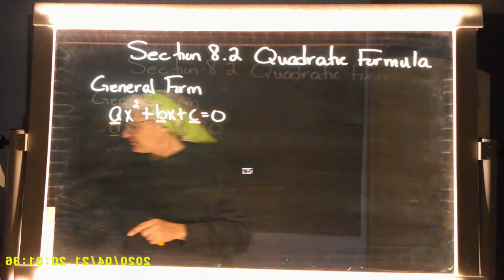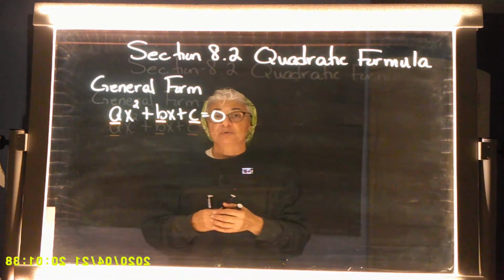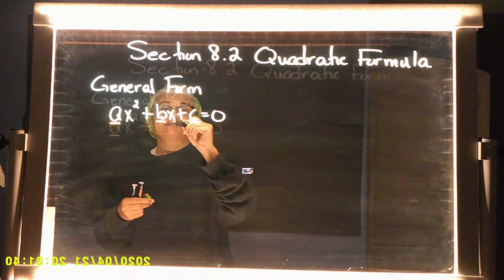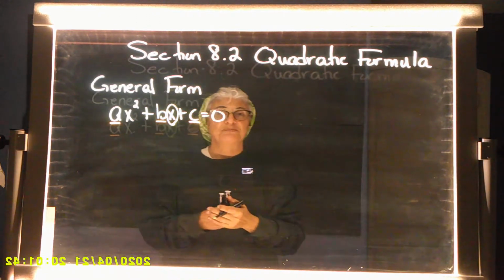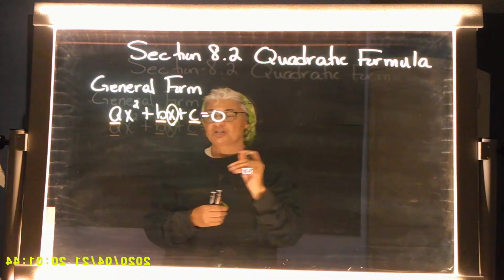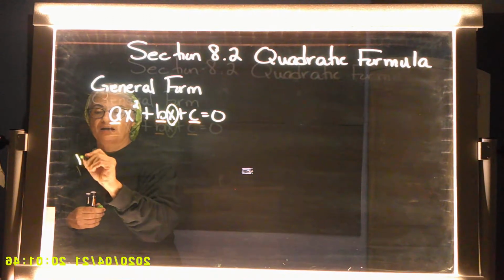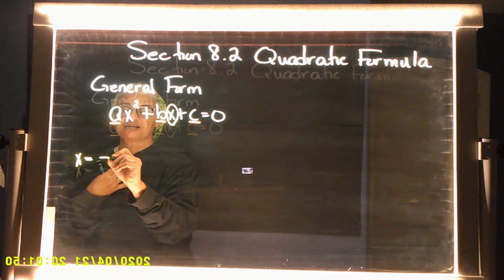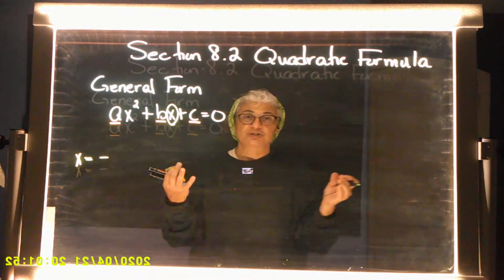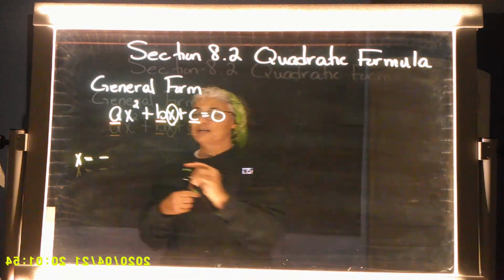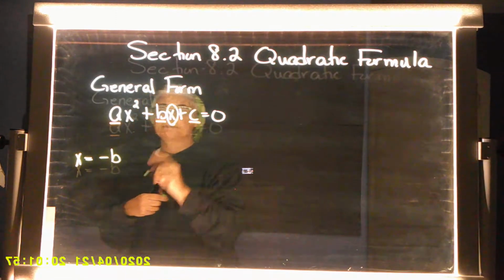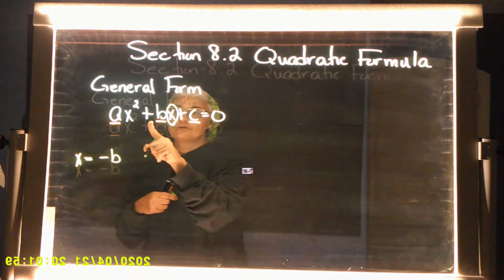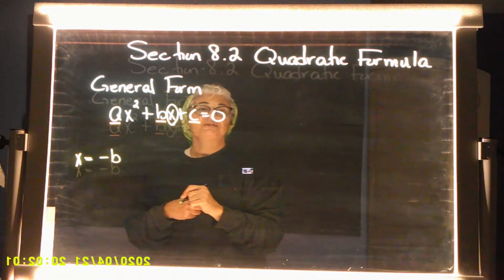I am solving for x, and what I need you to notice is that x is actually in the middle. Okay, so x equals, I always refer to it as the opposite, or you can just say the negative, same thing, the opposite of b. So if b is positive, it's going to be negative.